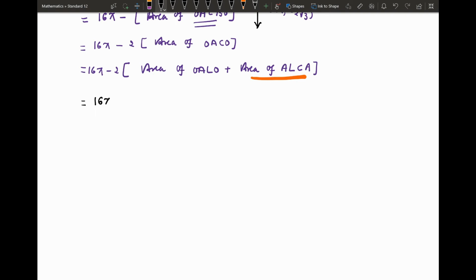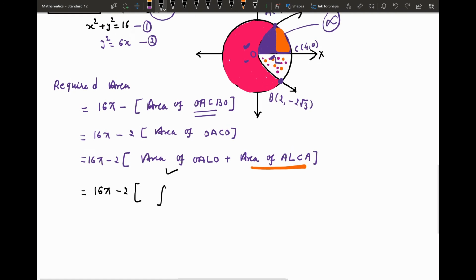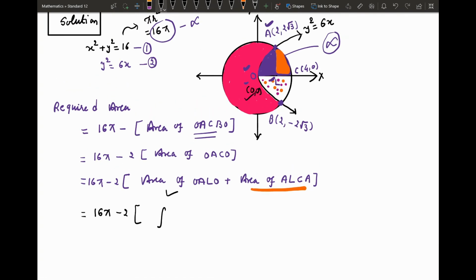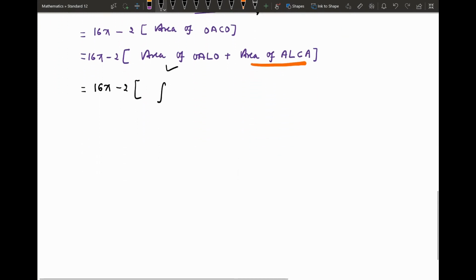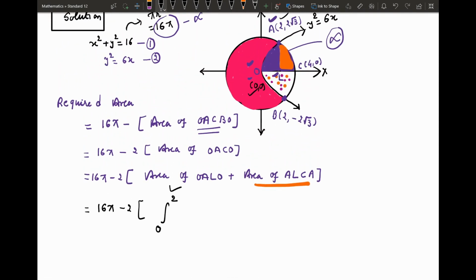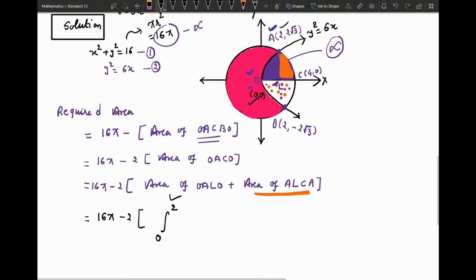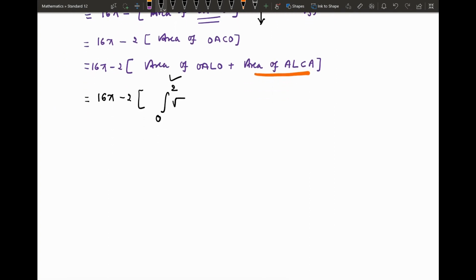So this is 16 pi minus 2 into, now for this portion area of OALO, limit will be 0 to 2, and curve, this is the curve y square equal to 6x, so y equal to root 6x dx.